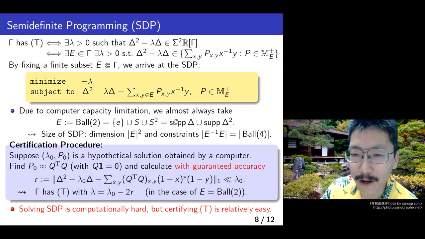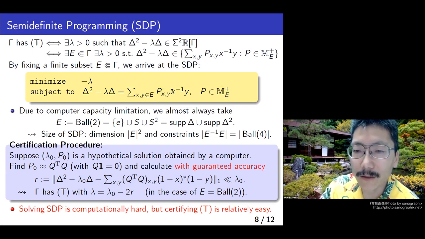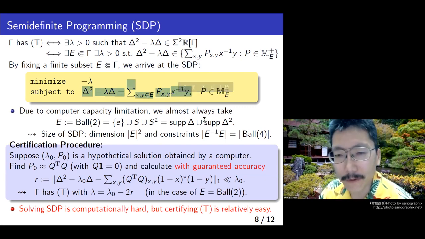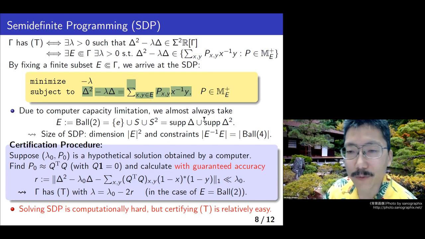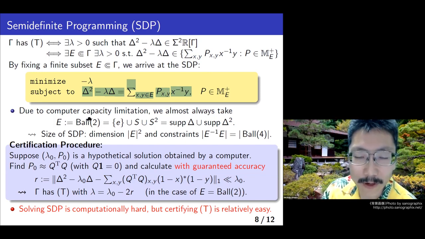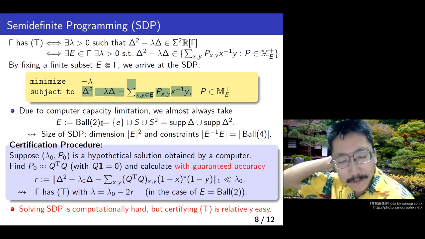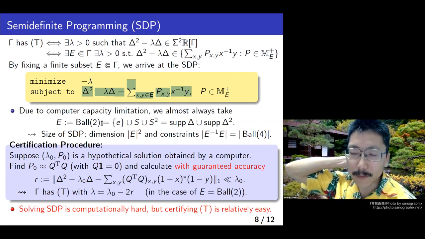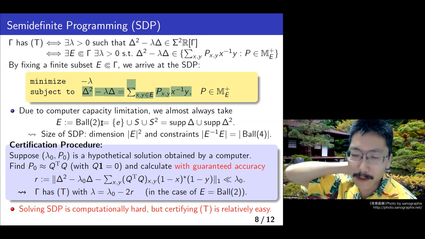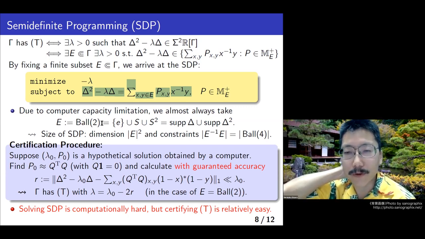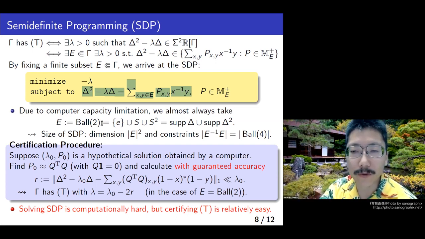By the way, I didn't talk about the word problem issue. To see if this is true or not, you have to write down the multiplication table of ball radius 2 times ball radius 2. This may be an issue sometimes, but in the case of the automorphism group of free groups, it's really easy because we just apply the word to a free basis and see if the resultant free bases are the same or not.